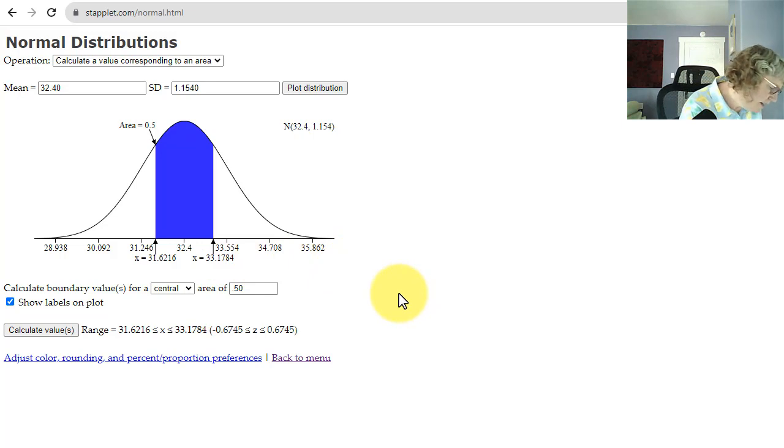Okay, so then I'm going to write it out, the cutoff values. I'll go back to the notes here.